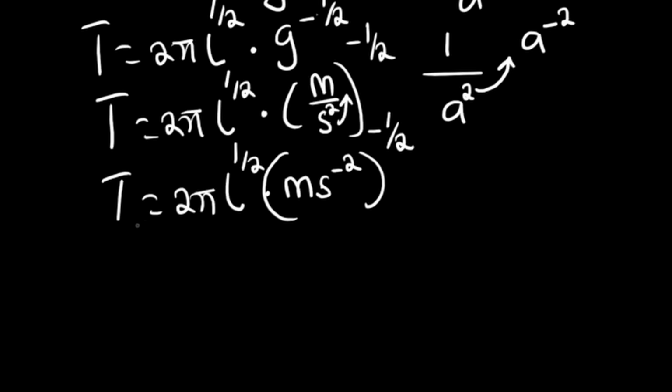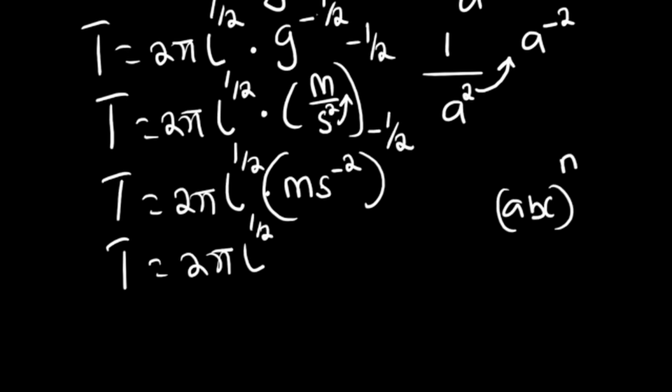On the left hand side, we have that T is equal to 2π, L to the power of half. Then there is another law that we need to apply right here. So what is the law? It's called the power of a product rule. It says whenever you have something like (abc) to the power of n, this n could be 1, it could be 2, it could be anything.